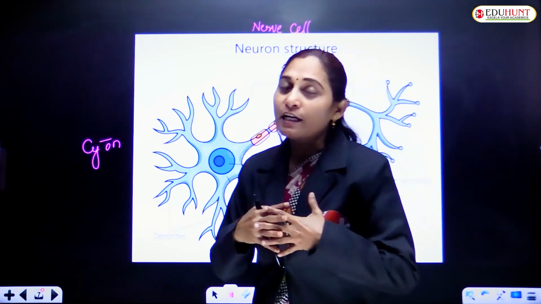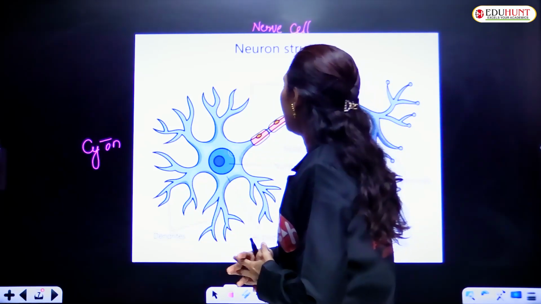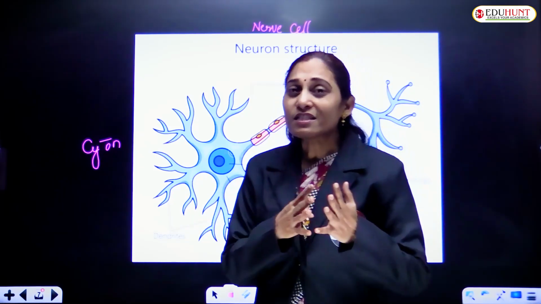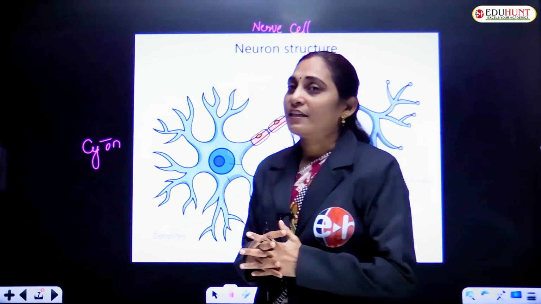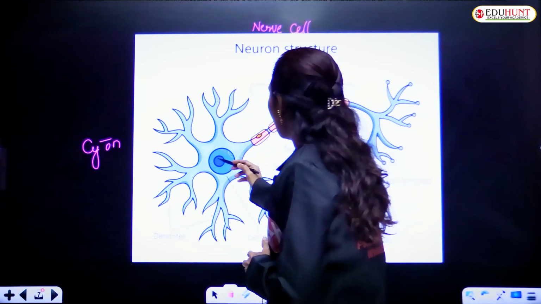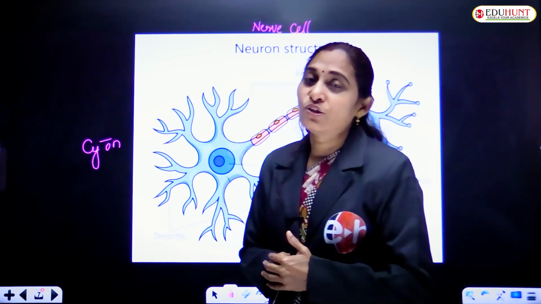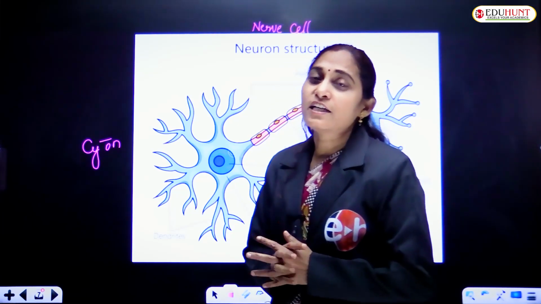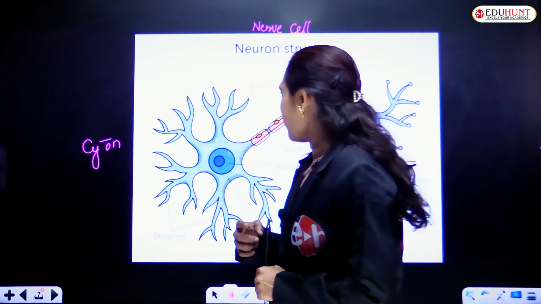And all the nerve cells are connected to one another, and signals are carried from one nerve to another. That is called neural transmission, and depolarization takes place while the transmission takes place.